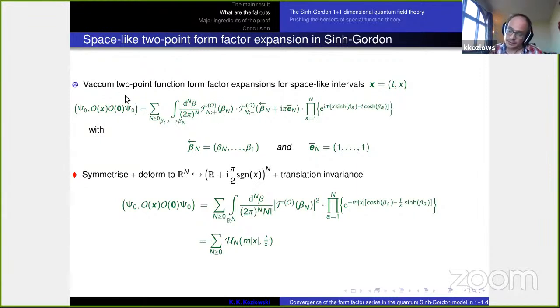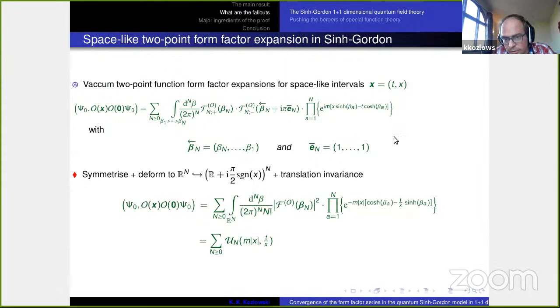And by the other axioms of the theory, you can compute what is the kernel of this operator connecting the zero space to the n-particle space. It's given by the same function F_n, but evaluated at reversed rapidities. So instead of the vector beta_n going from beta_1 to beta_n, the components go from beta_n to beta_1. And you have to shift everything by i pi.